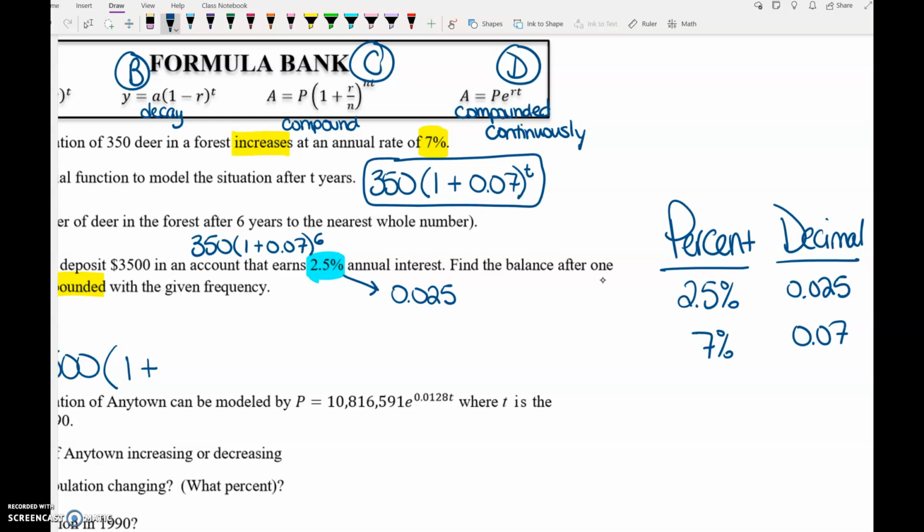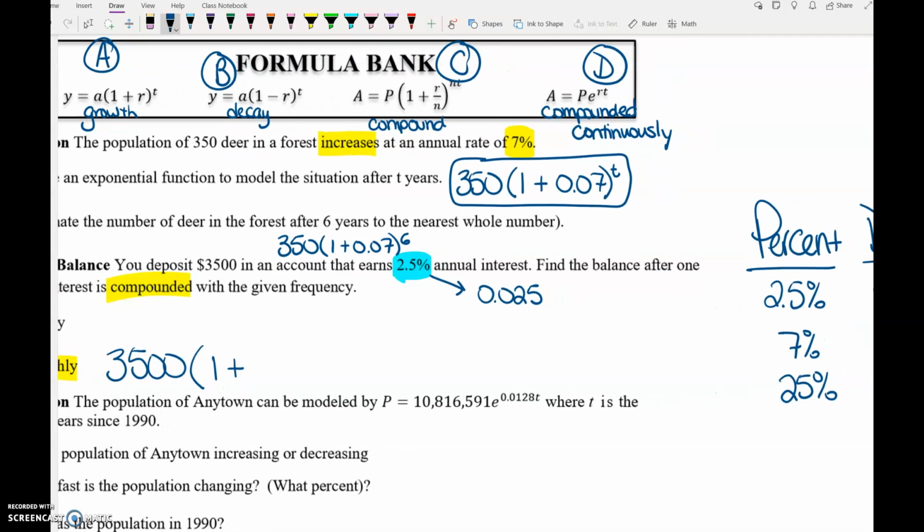If we have something like, say 25%, what would that be as a decimal? 0.25. So you may want to give yourself a couple of different scenarios so that you can see how to go back and forth between them. One of the biggest mistakes that I see on this test is people not switching between decimal and percent correctly.